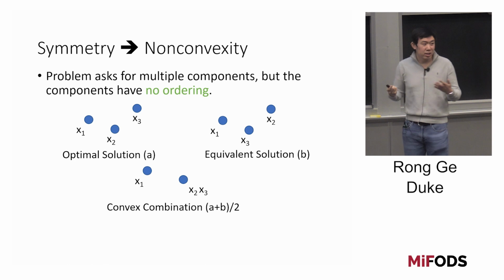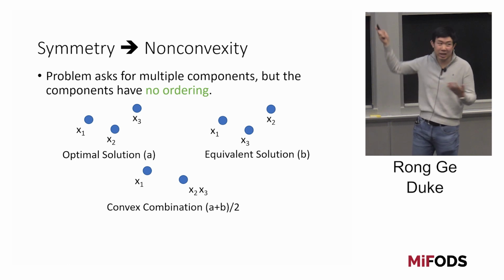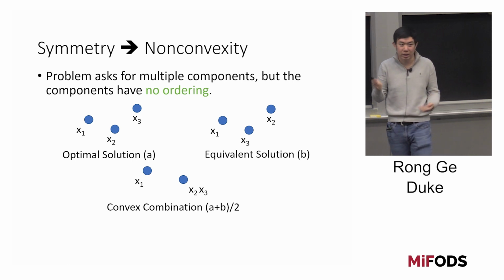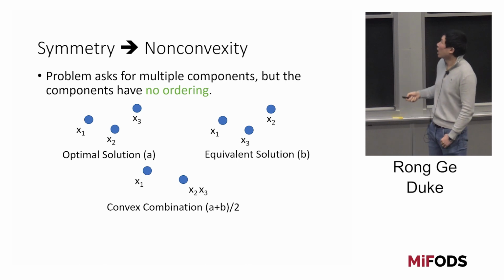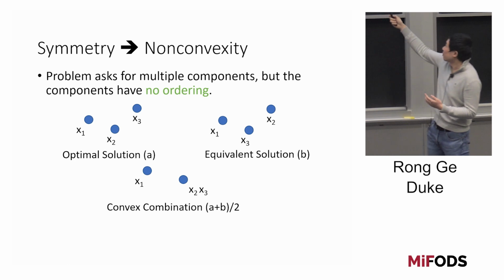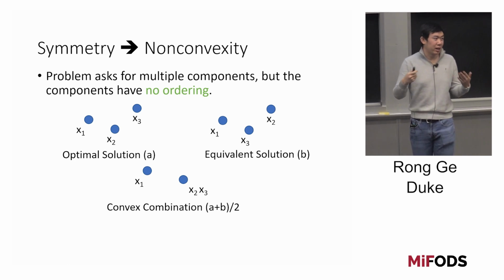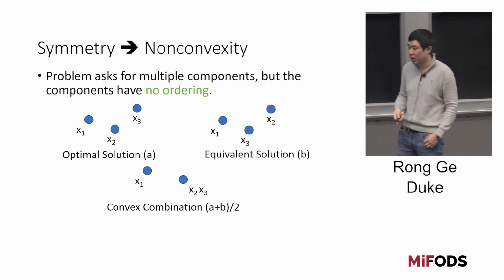So this certainly doesn't look like an optimal solution for a clustering problem where you have three clusters, because in the end, we only have two clusters. So clearly, this is a suboptimal solution. But if your objective function were convex, then the suboptimal solution should be as good as the two optimal solutions. And that's not going to happen.